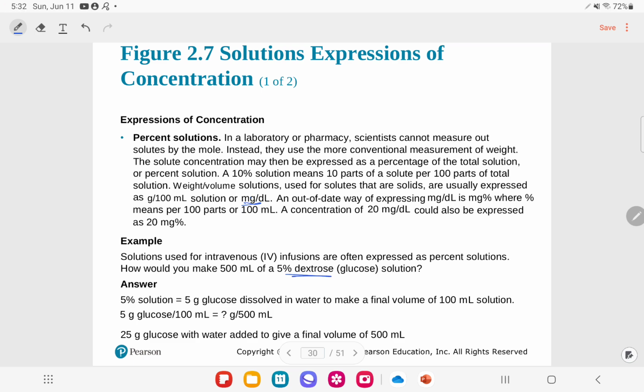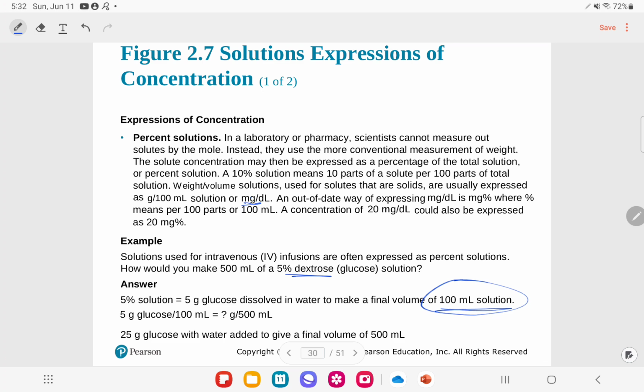So we take a 5% solution, right? We know a 5% solution is going to be 5 grams of glucose dissolved in water to make a final volume of 100 mils, okay? That's basically 5% of 100. So you take 5 grams of glucose and you dissolve it in water up to a total of 100 mils.